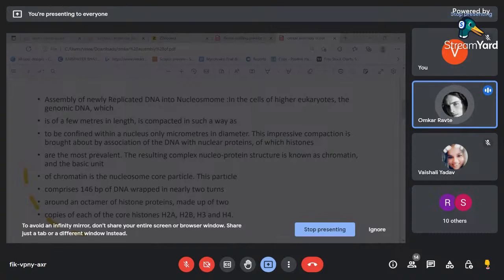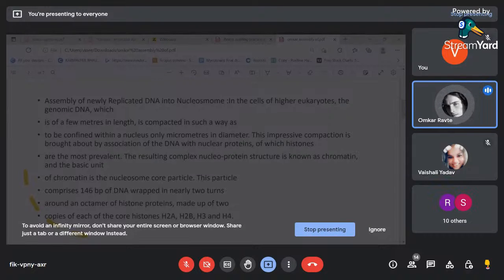The resulting complex nucleoprotein structure is known as chromatin, and the basic unit of chromatin is the nucleosome core particle. This particle comprises 146 bp of DNA wrapped in nearly two turns around an octamer of histone proteins made up of two copies of each of the core histones H2A, H2B, H3, and H4.